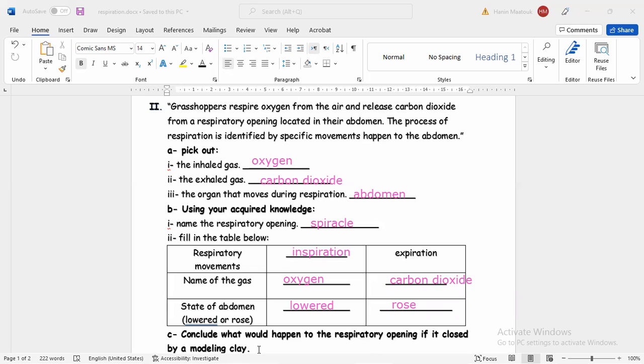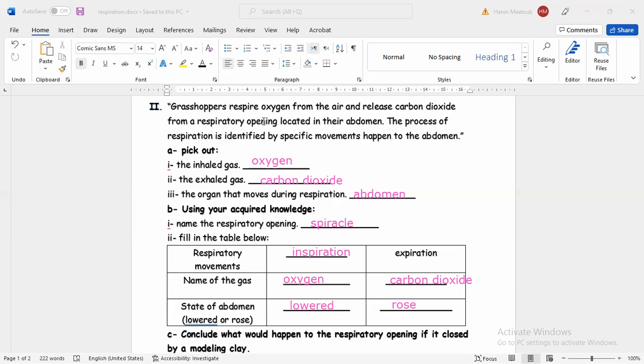Finally, conclude what would happen to the respiratory organ if it is closed by a modeling clay. That means if we put modeling clay on the respiratory opening, which is the spiracle, what would happen? That means the spiracle will close so that the gases, which are oxygen and carbon dioxide, will not be exchanged with the air, because from the paragraph they said that oxygen enters the body through this opening.